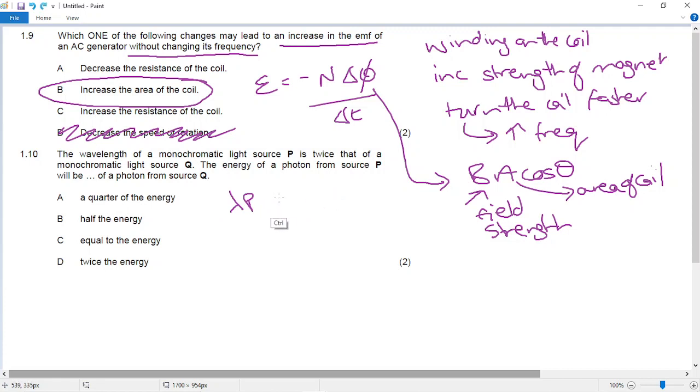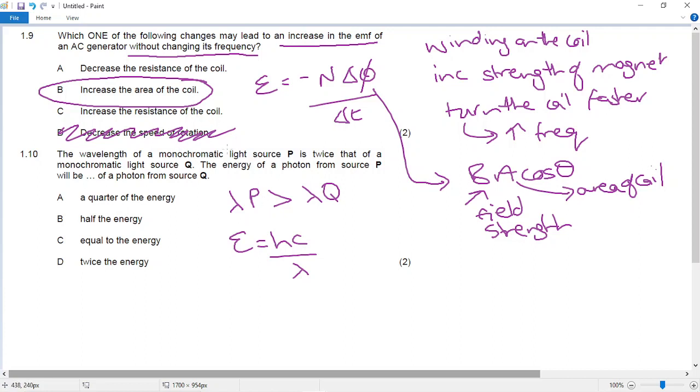Lambda P is bigger than lambda Q, okay? So this means that the energy of a photon from source P, how do we find the energy of the photon? We go E equals hc over lambda, okay? So if we are doing this, the energy of P is going to be that.